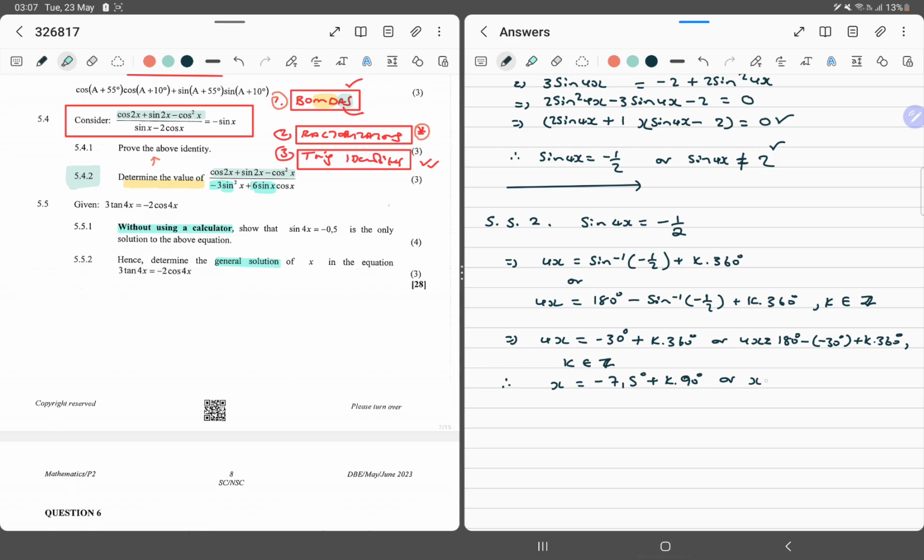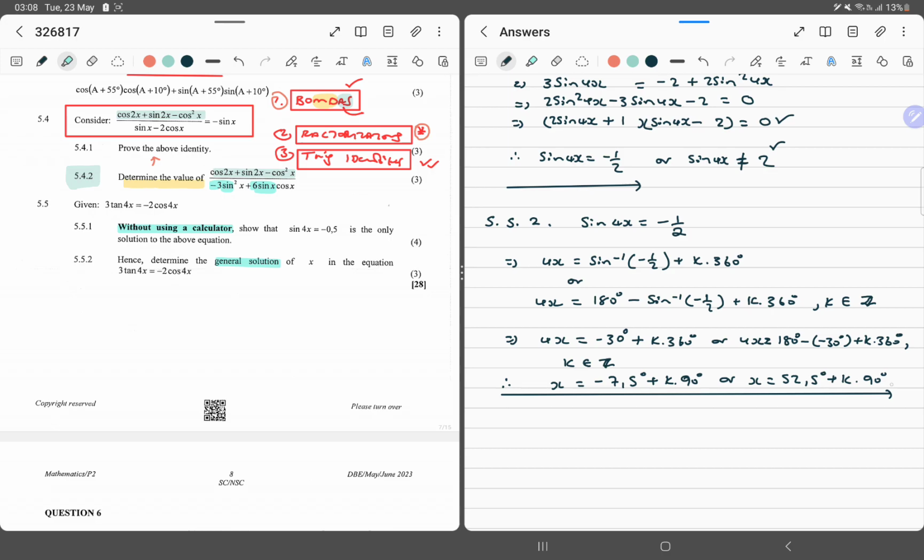Or x is going to be, let's say, 180 plus 30 is 210, divided by 4 is 52.5 degrees, plus k times 90 degrees. So that is the general solution of x in that situation.